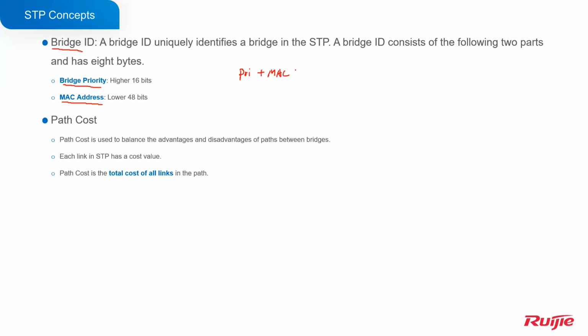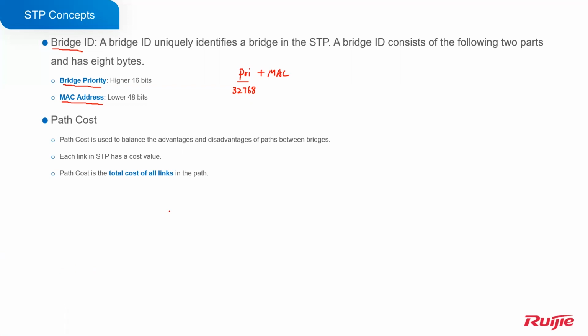MAC address is easy to understand. It's just the hardware address of the switch, the device, while the priority is a value. By default, the value is 32,768.